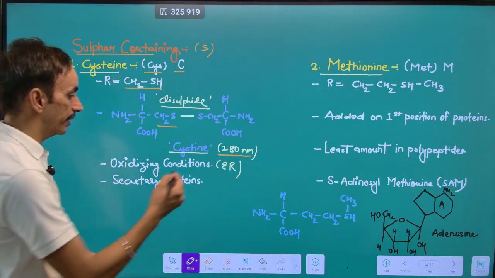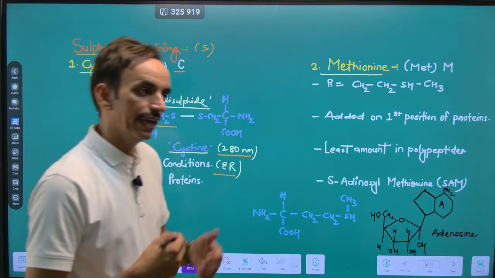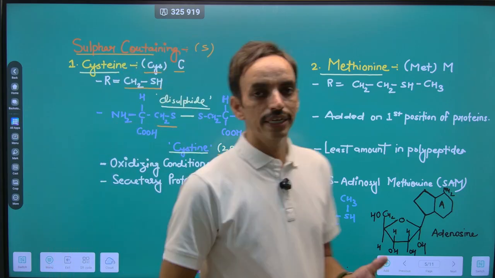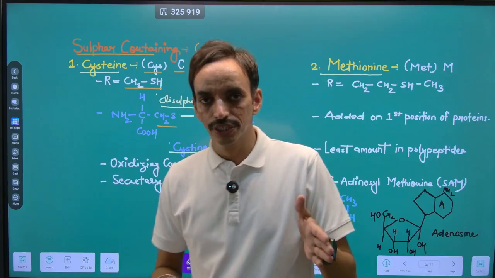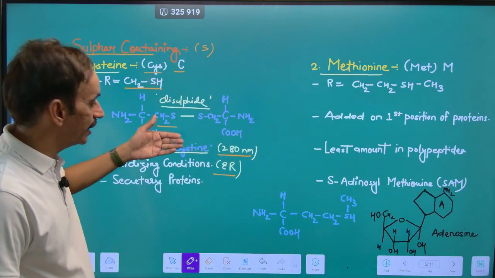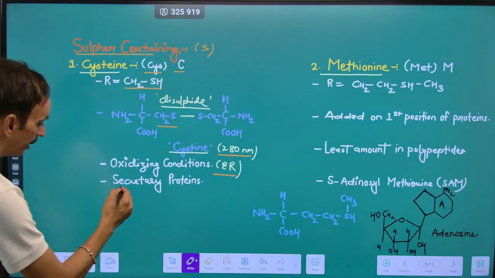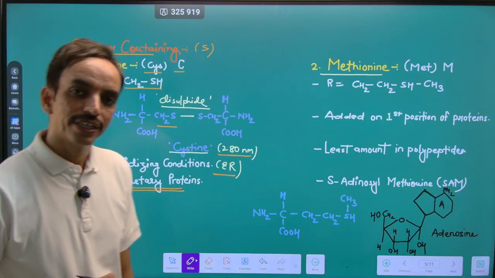It occurs under the oxidizing environment of endoplasmic reticulum, and as we know that the pathway of secretory protein passes through the endoplasmic reticulum. So these disulfide bonds generally are found in case of secretory protein and provide extra stability.